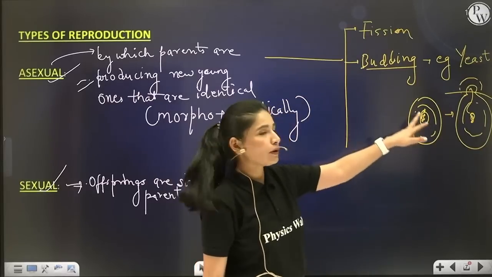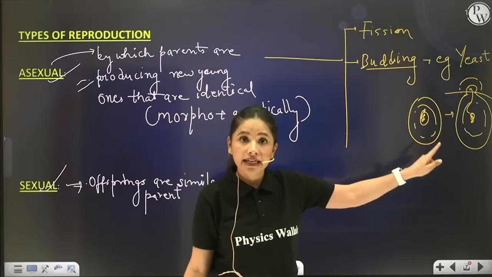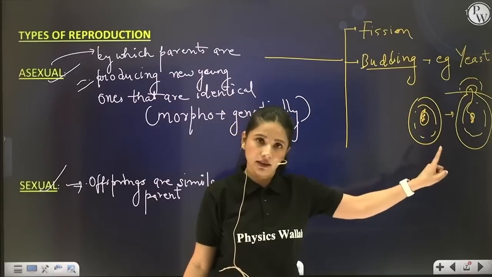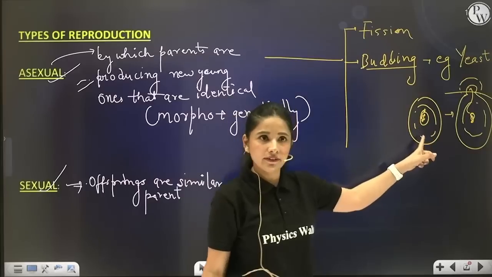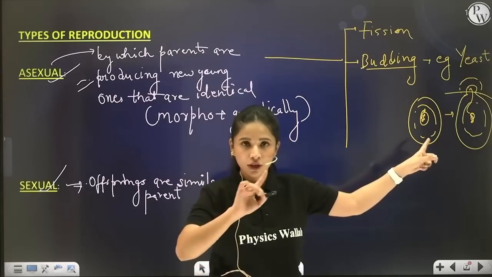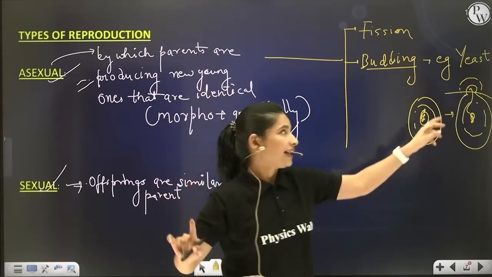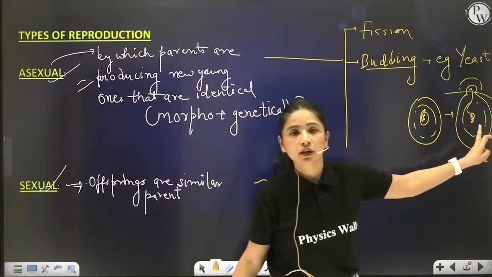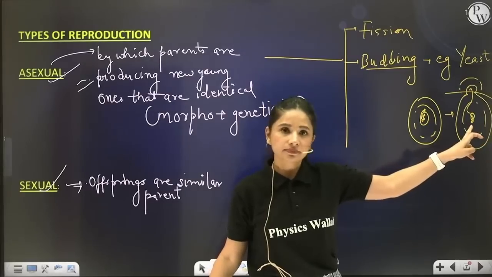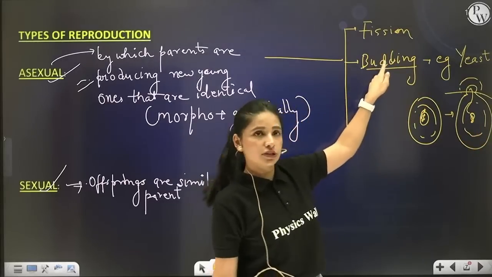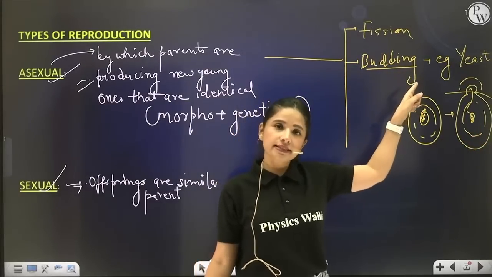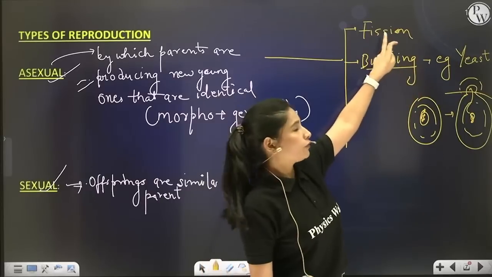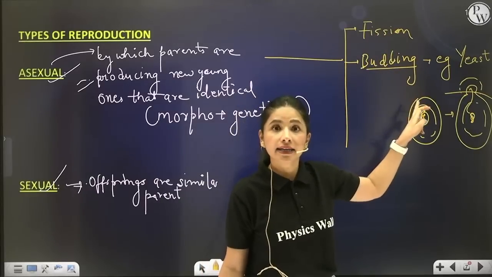So this type of asexual reproduction is known as budding, where only one parent is involved, no zygote formation, and this daughter is going to be an exact clone of the parent. Clear? So the two methods which I have told you so far for asexual reproduction are fission and budding.